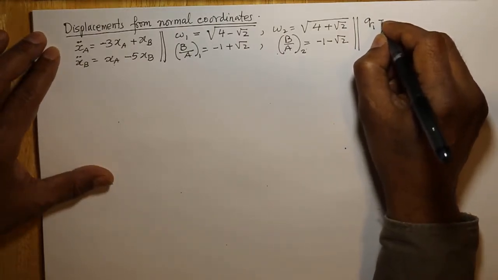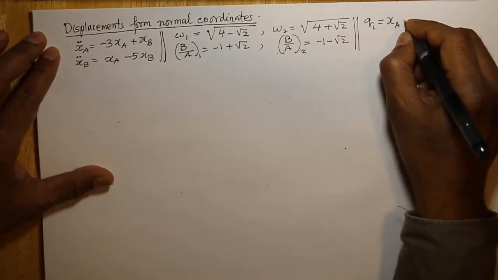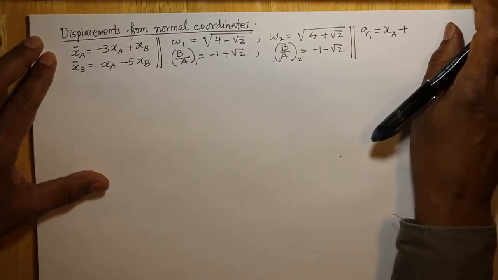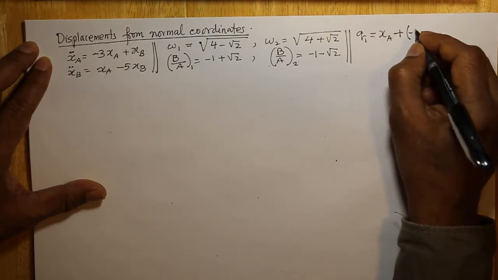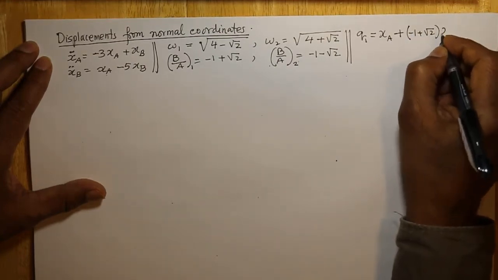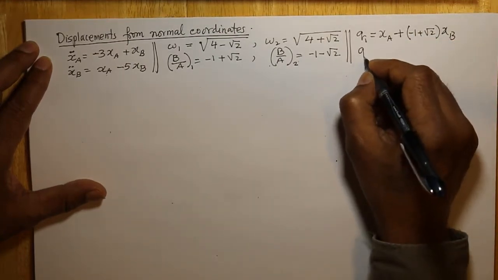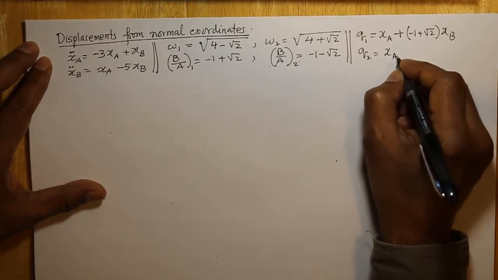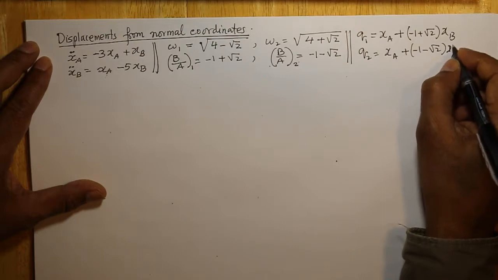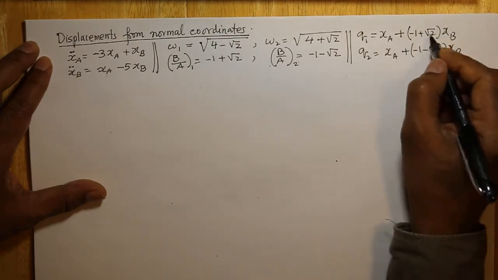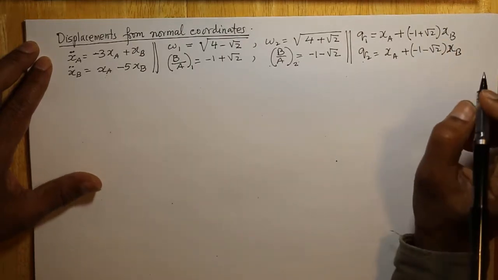Using these, we could write Q1 as XA plus this B over A, minus 1 plus square root 2, times XB, and Q2 as XA minus 1 minus square root 2 times XB. So this is B over A in this mode.